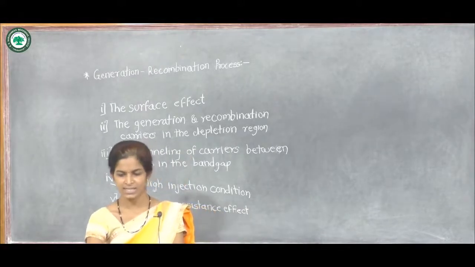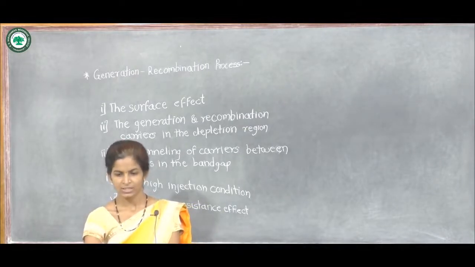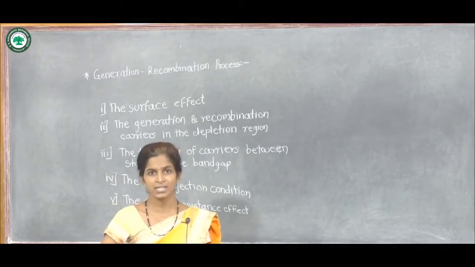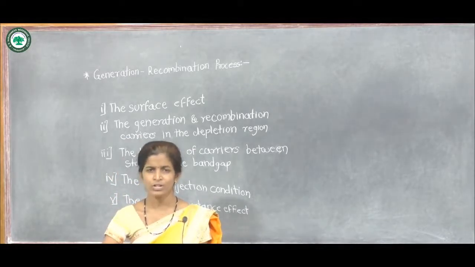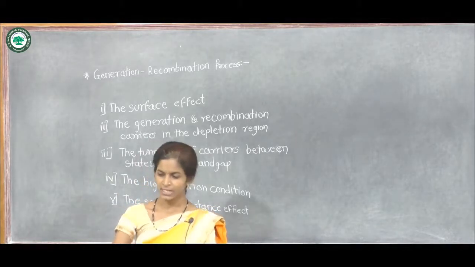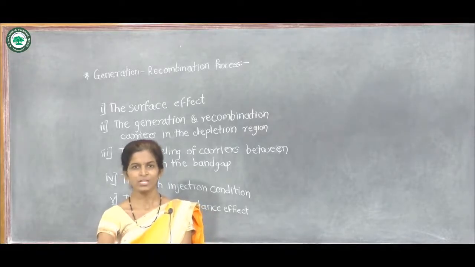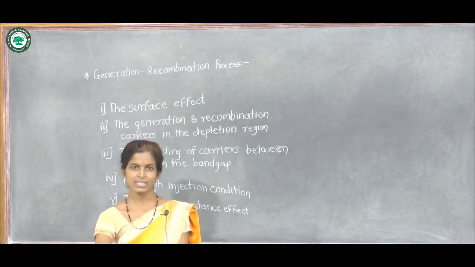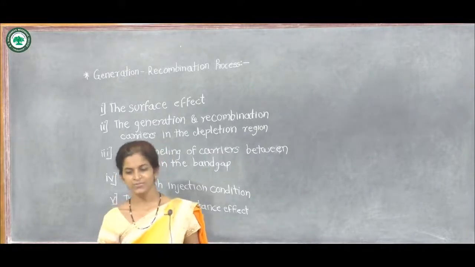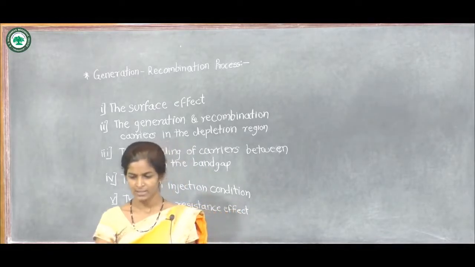Once the channel is formed, it modifies the junction depletion region and gives rise to surface leakage current. For silicon planar PN junction, the surface leakage current is generally much smaller than the generation current in the depletion region. So, consider first the generation current under reverse bias.